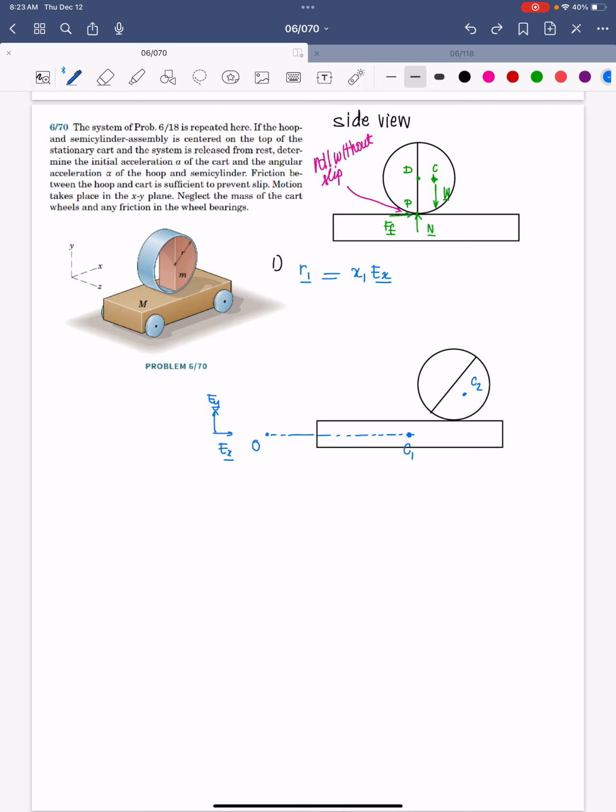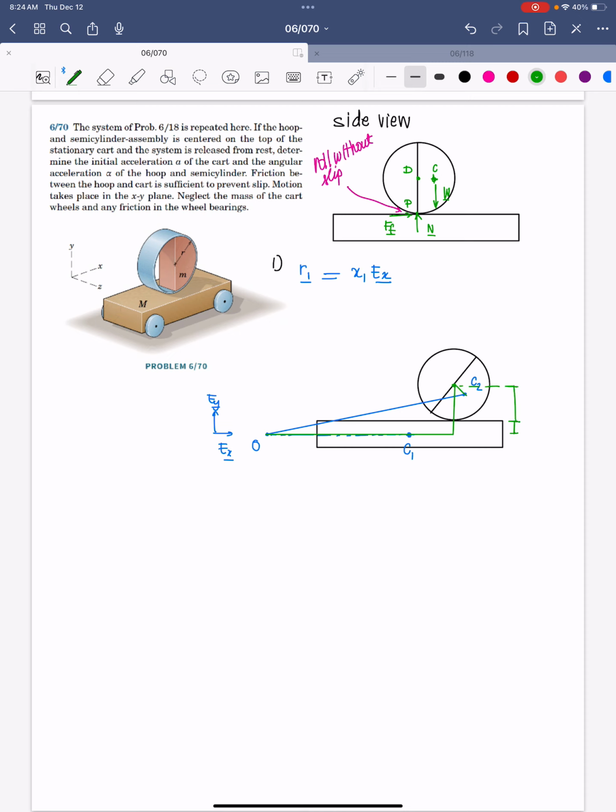Then I can draw the position vector to the center of mass of the disk, which is this one, which I can divide into a horizontal component and a vertical component, and this vertical component is going to stay constant. It's always equal to half the width of this and then the radius of the disk.